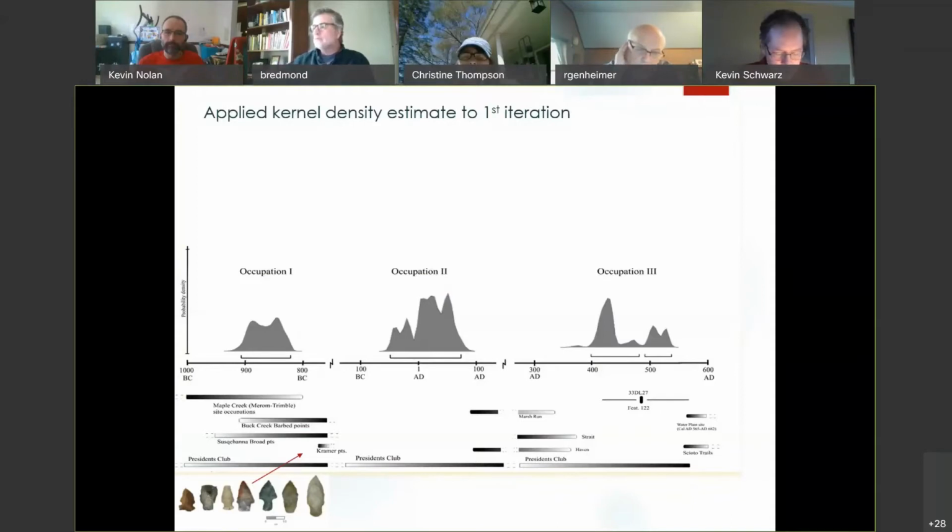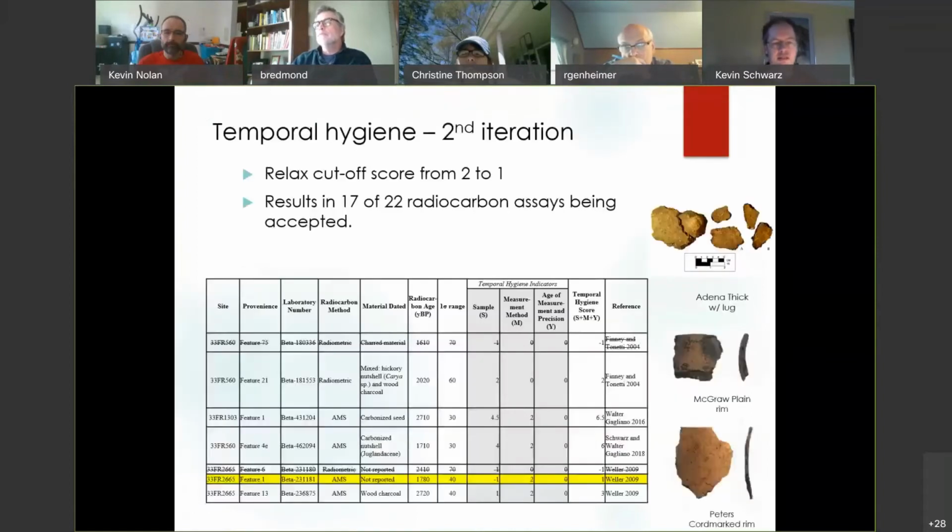This was from the West Runway site in Kentucky, the only one I could find. I'm looking for radiocarbon dates for Kramer points if anybody has any or knows of any. So I was thinking I need to change up the cutoff. So next slide, the second iteration.